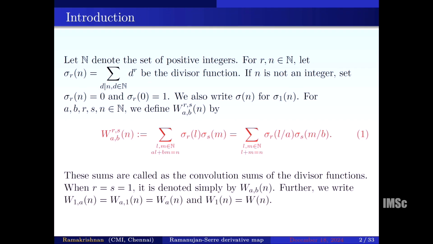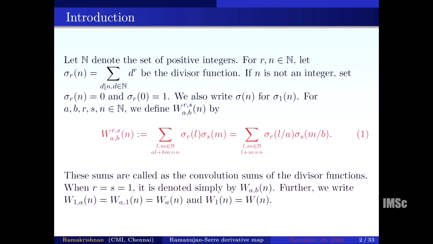So, what is the convolution sum we are discussing? This is about the divisor function. If you take two of them and sum over integers which add up to n, W_{ab}^{r,s}(n) is the sum of sigma_r(l) sigma_s(m), where a times l plus b times m equals n. We consider only the cases where r and s are odd integers because we are using modular form techniques. Therefore, they are all coefficients of Eisenstein series.